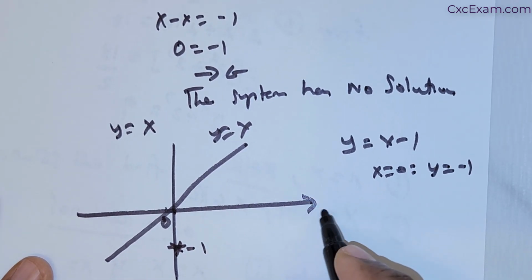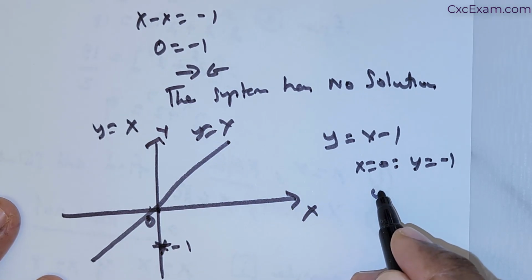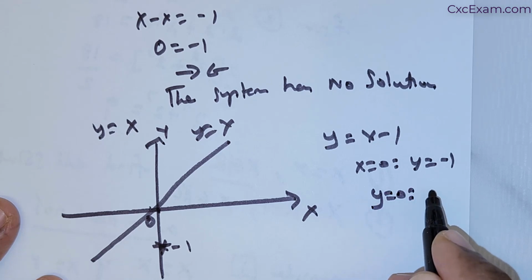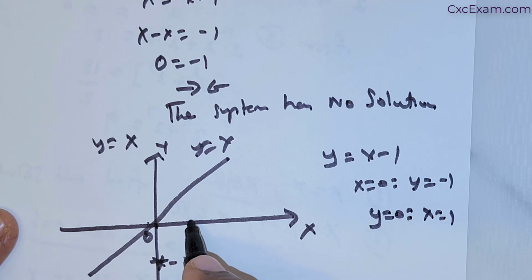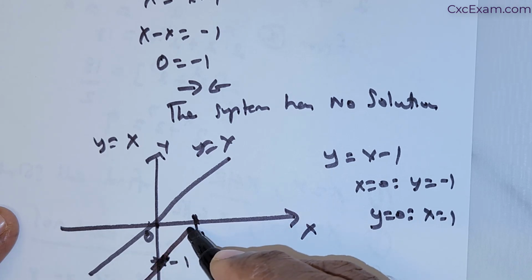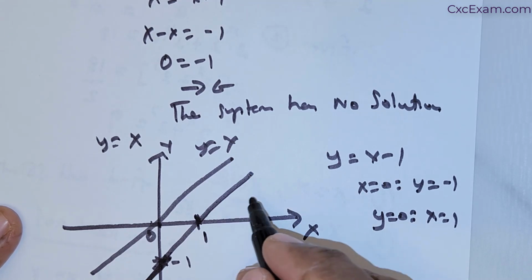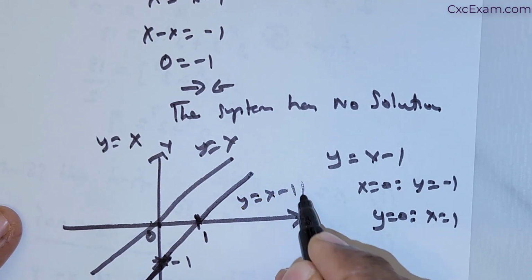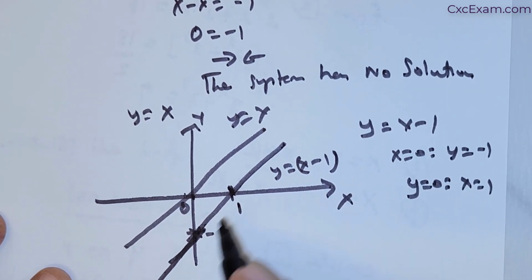So there is an intersection over here. And when y = 0, x = 1. So this is the point. So if the points are connected, y = x - 1 is here, and y = x is over here.